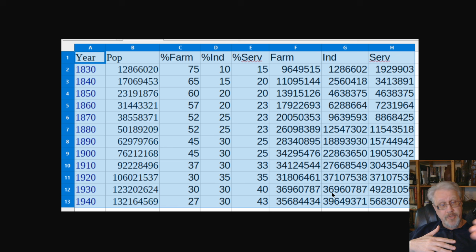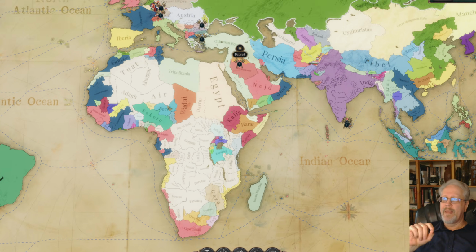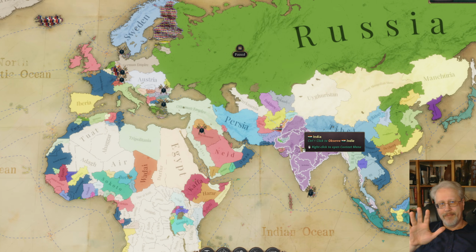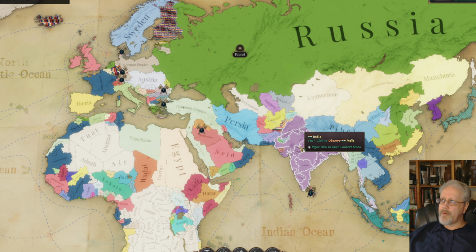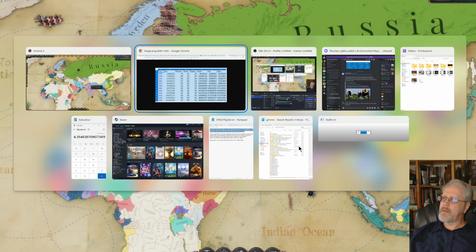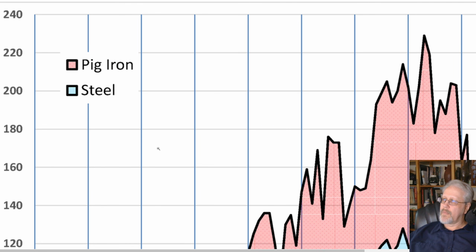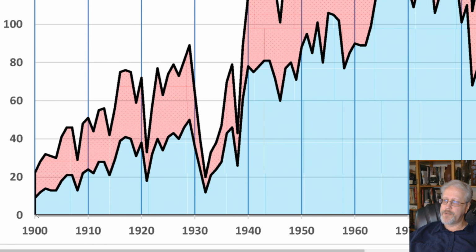So a 66% increase in workforce, but a 300% increase in output at minimum. That is not reflected in the game. Because if I was to take you to the game right now, and I know it's 1910 here, but let's go back to 1900. Go back down here to 1900, 10 million tons.